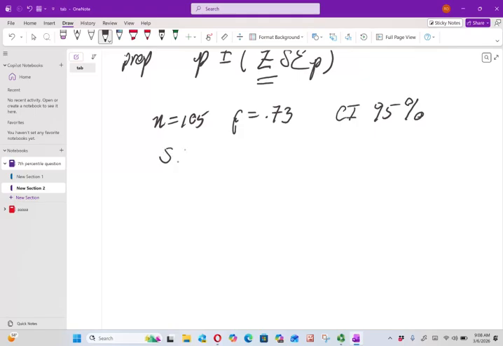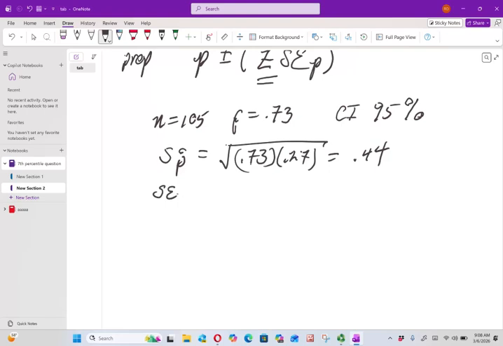The standard deviation of the proportion is the square root of 0.73 times 0.27, which is 0.44. The standard error of the proportion is just like the standard error of the mean: S over the square root of n, 0.44.